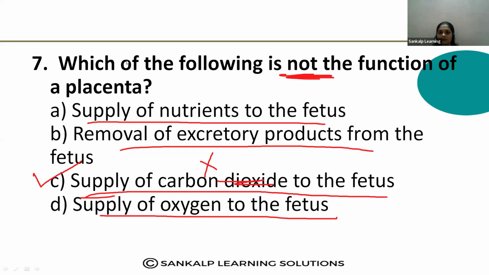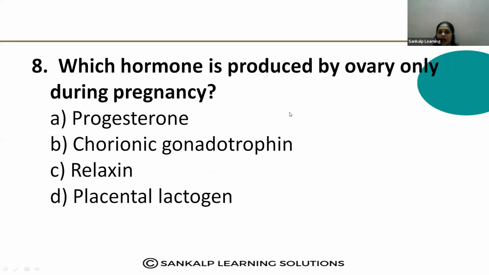Eighth question. Which hormone is produced by the ovary only during the pregnancy? See here, produced by the ovary only during the pregnancy. Progesterone, human chorionic gonadotropin, relaxin, placental lactogen. What is the correct answer?